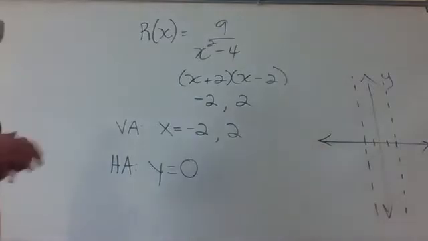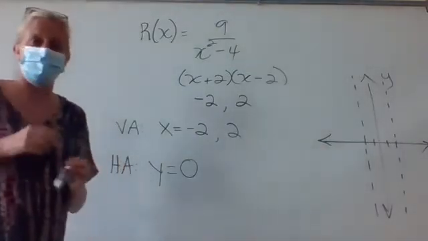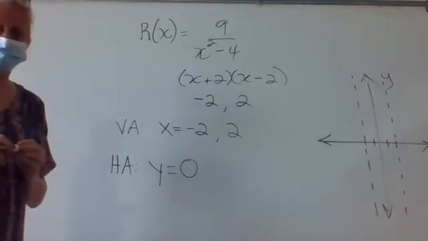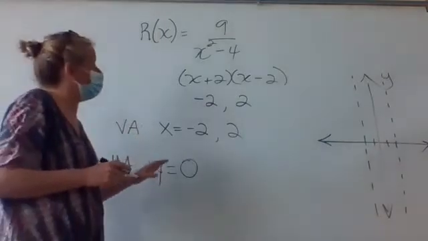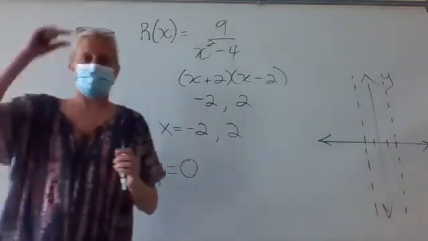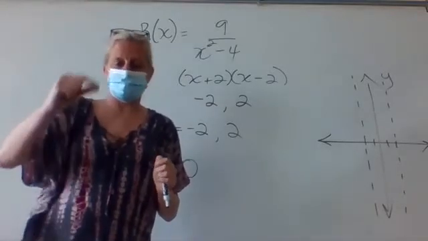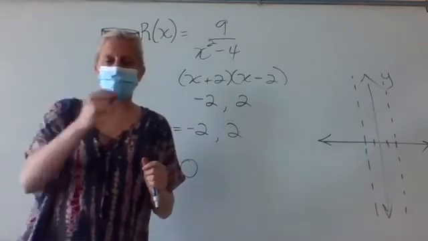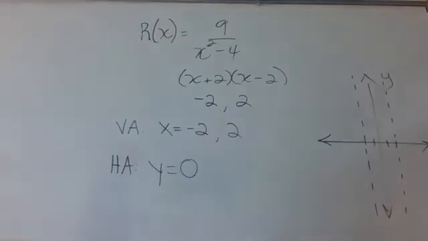If the degree of the numerator and the degree of the denominator are the same, they equal each other, that would mean your horizontal asymptote would be at y equals a fraction of the leading coefficients, the top's leading coefficient over the bottom's. We're going to see one of those later to make that more clear.